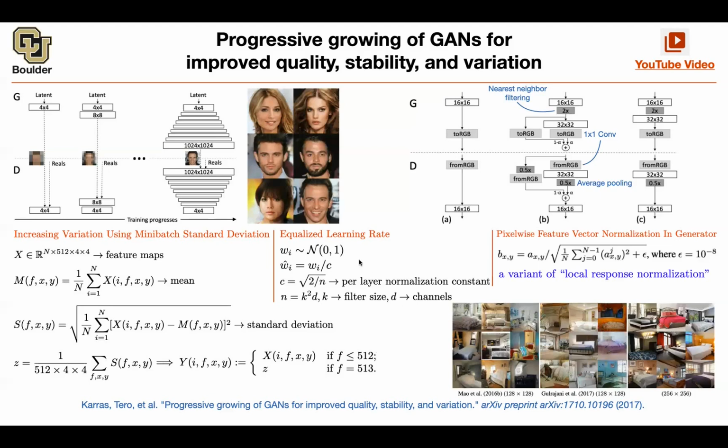And there are also some other details, like you want to have equalized learning rates while training your parameters. And the way that you're going to do it is, rather than optimizing over W hat, you're going to optimize over W's, which are all initialized the same way, with mean 0 and standard deviation identity, regardless of what is your filter size, what is your number of input channels, output channels.